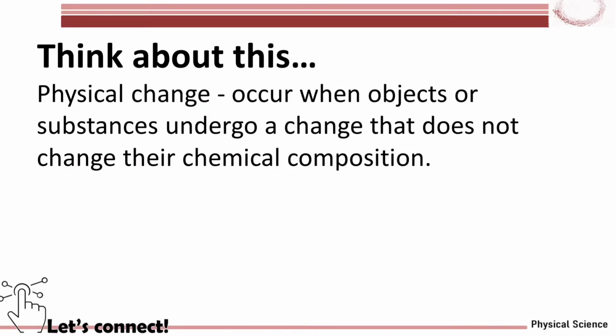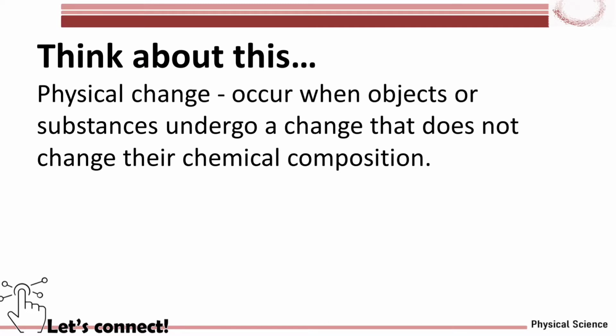So, when we say physical change, it occurs when objects or substances undergo a change that does not change their chemical composition. So, kung babalikan natin yung items kanina, yung physical change doon is brewing of coffee and dissolving salt in water.